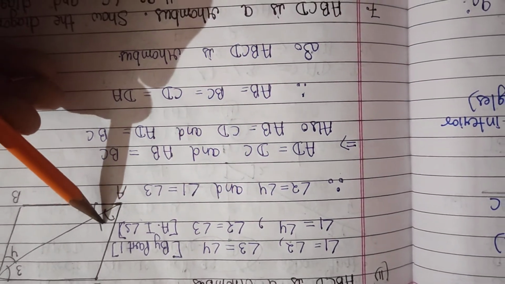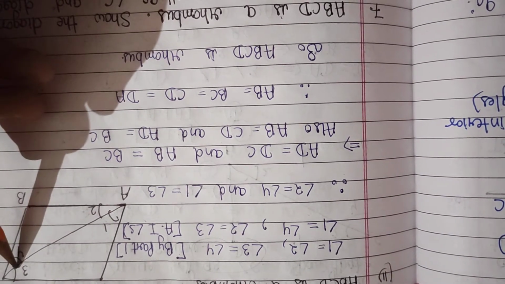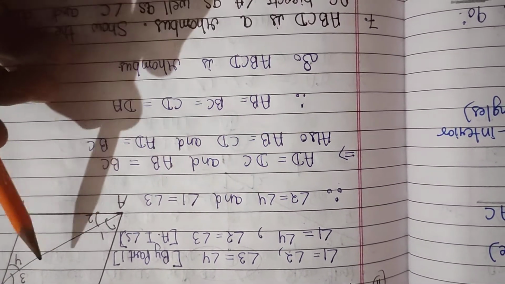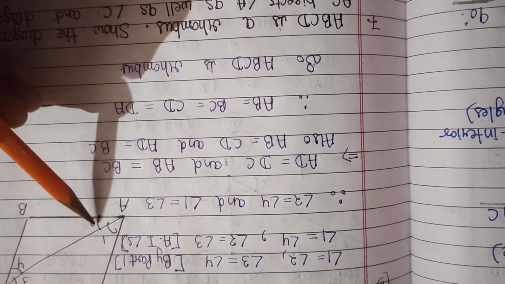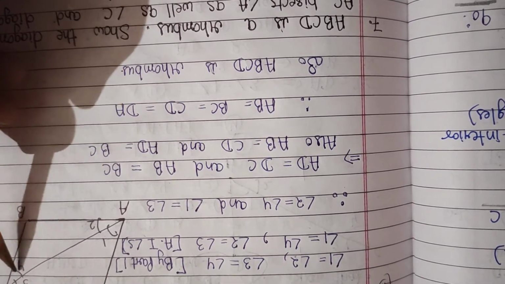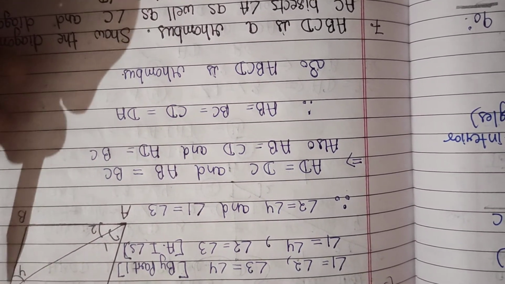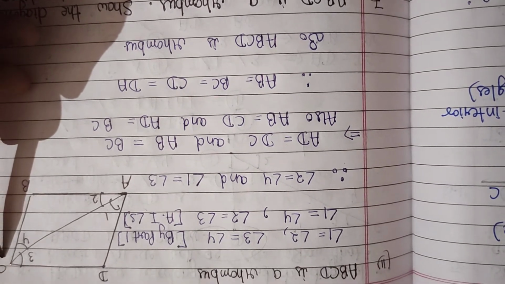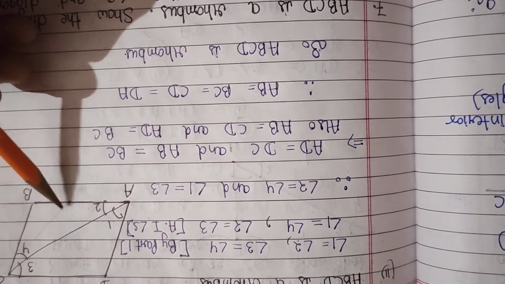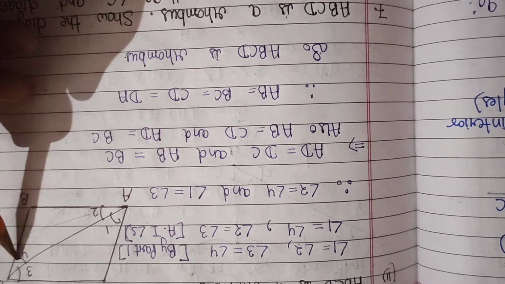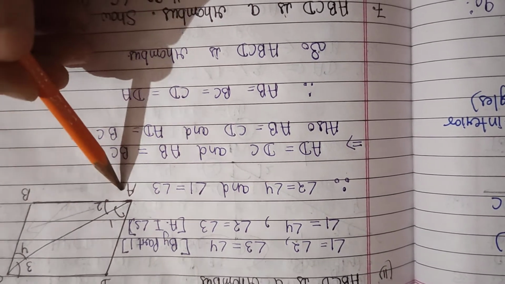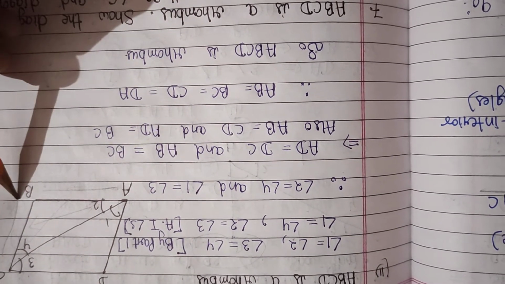Similarly, we can say angle 1 is equal to angle 3. So in this triangle, two angles are equal. It means ABC is an isosceles triangle. So the sides opposite to the equal angles are equal. So AB is equal to BC.